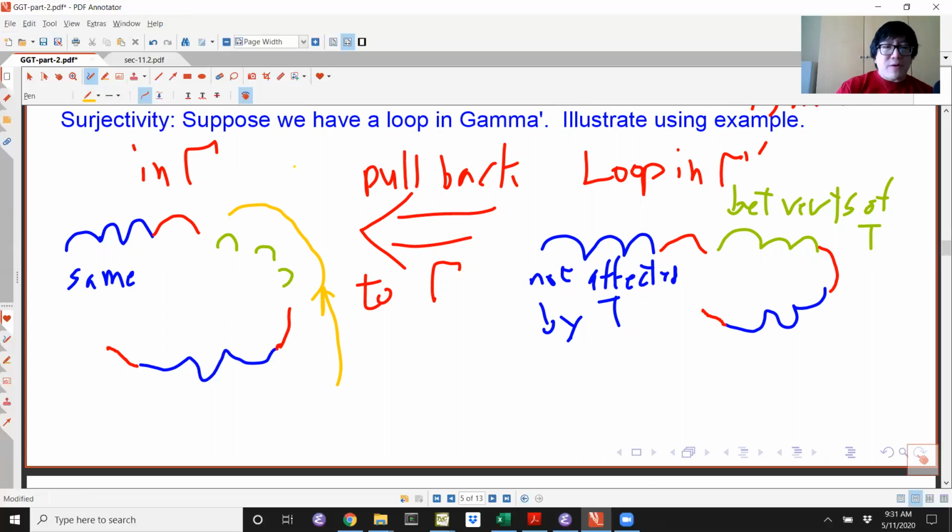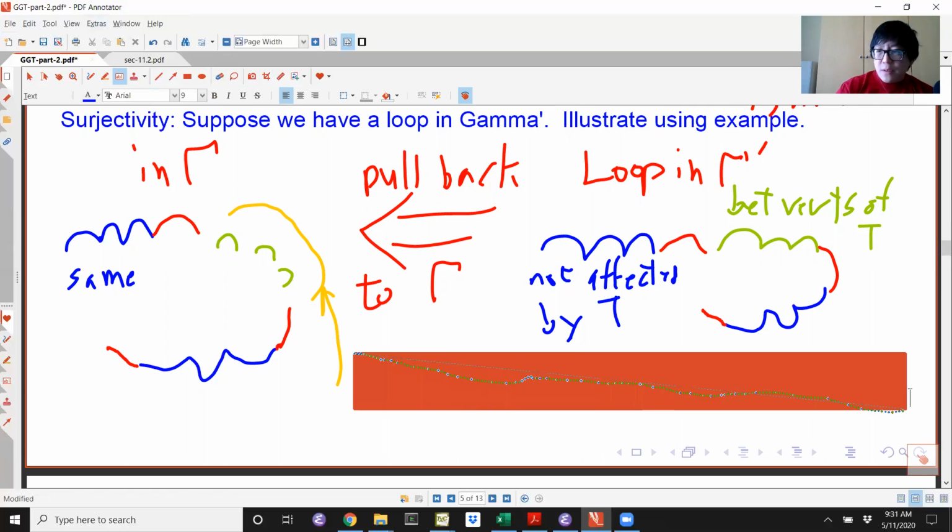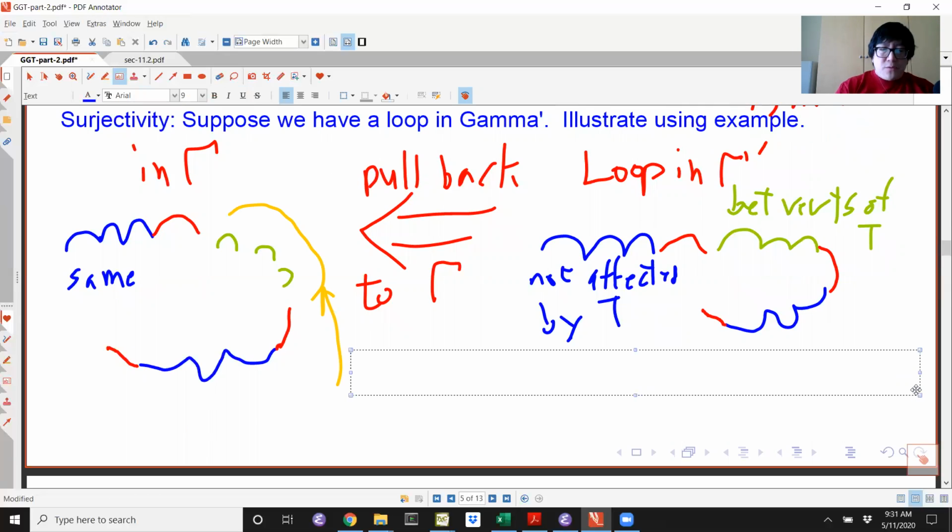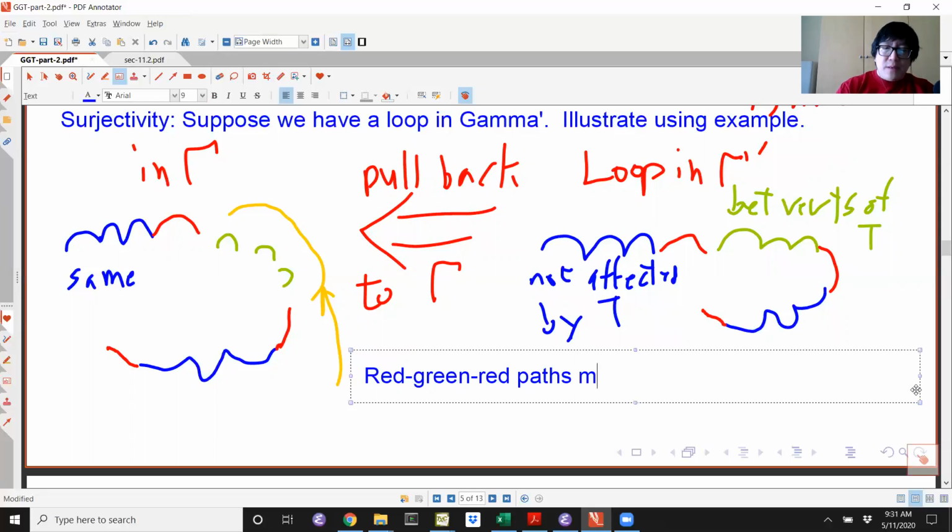Let me type out in words what's happening. The issue is that red, green, red paths may pull back to disconnected pieces.